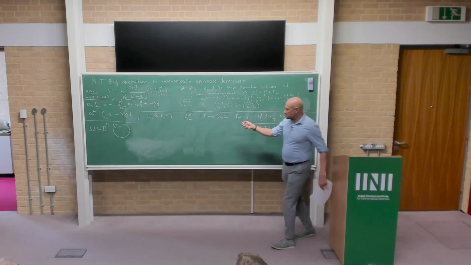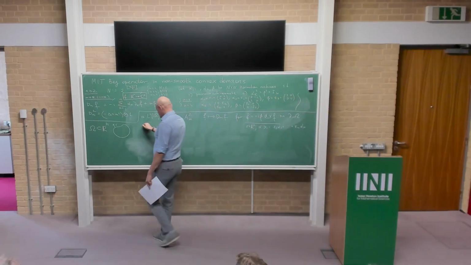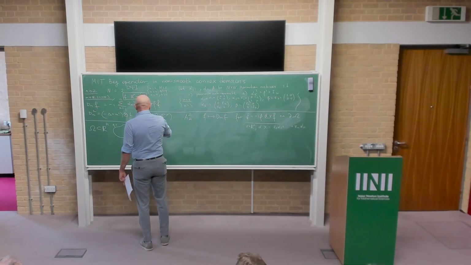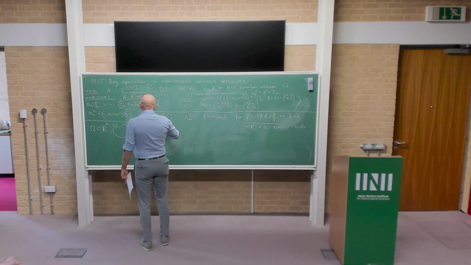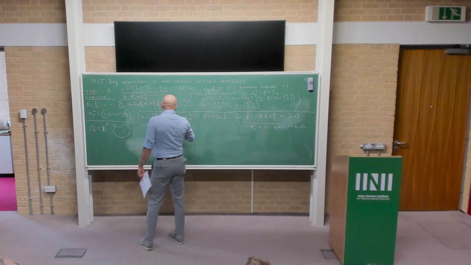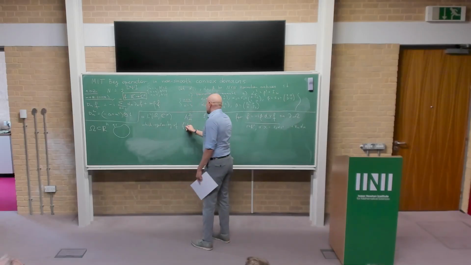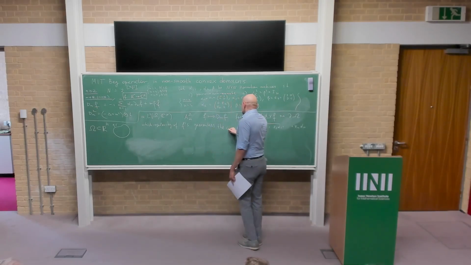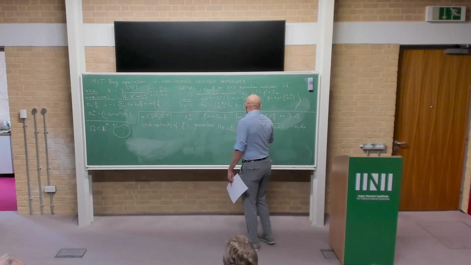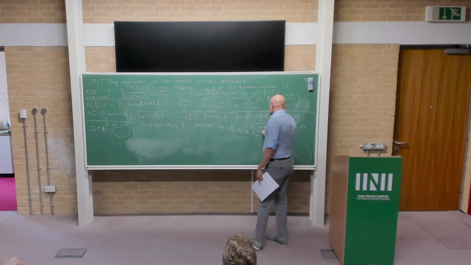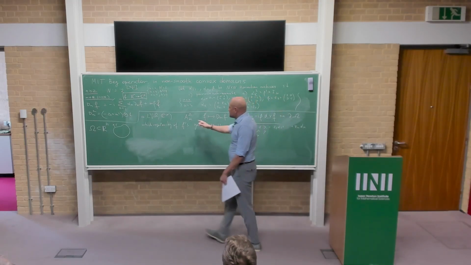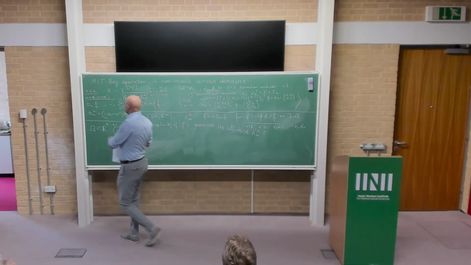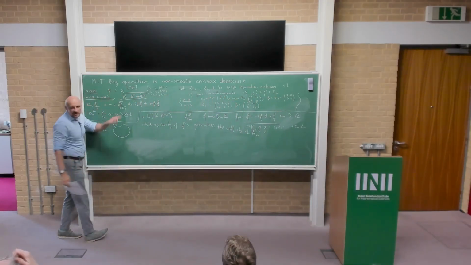So what is the exact regularity? The question is which regularity of f guarantees the self-adjointness of the operator M_Omega. This operator is what I mean by the MIT bag operator.